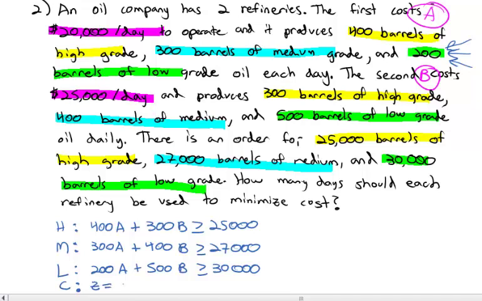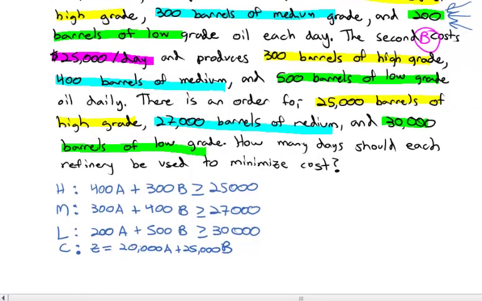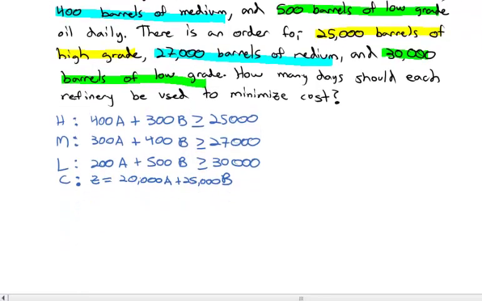Z is 20,000 for each day of A plus 25,000 for each day of B. We have our constraints and we have our objective function, but this is something we want to minimize. Simplex can't minimize. Simplex can only maximize. So we're going to convert this into a matrix, transpose the matrix to get our dual problem.